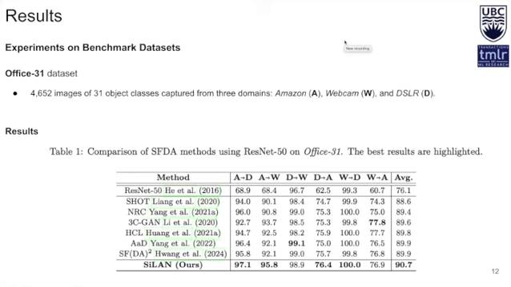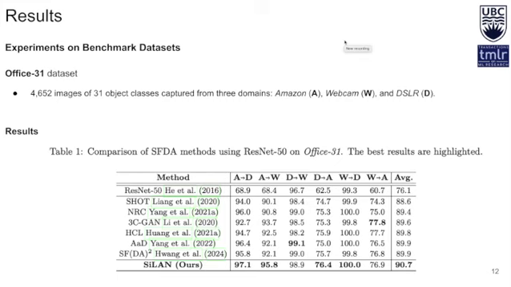Next, we discuss our results on the benchmark datasets. The first experiment is on the Office-31 dataset. This dataset consists of 4,652 images of 31 object classes captured from 3 domains: Amazon, Webcam, and DSLR. The results are shown in Table 1.